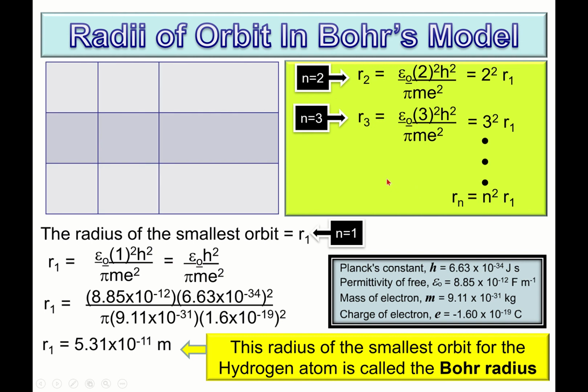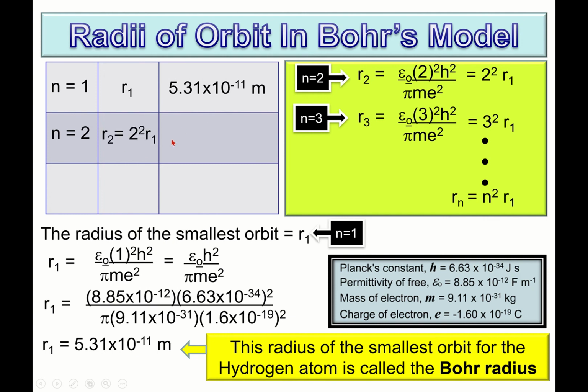Now for the next orbits, we can calculate the radius using this equation, because all the constant values here keep on repeating for n equals 2, n equals 3, and so on. For n equals 1, r1 is 5.31 times 10 to the power of negative 11 meter.